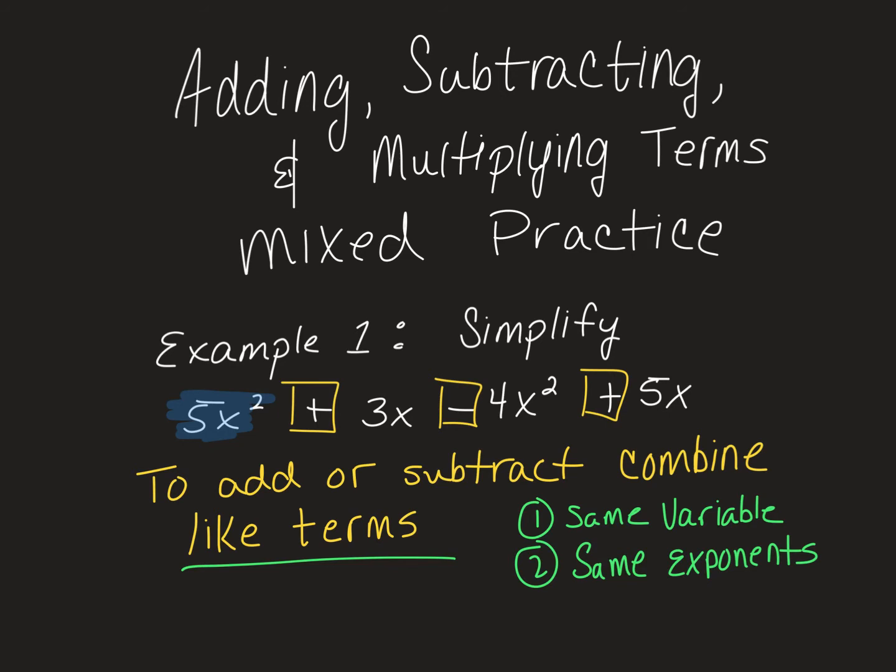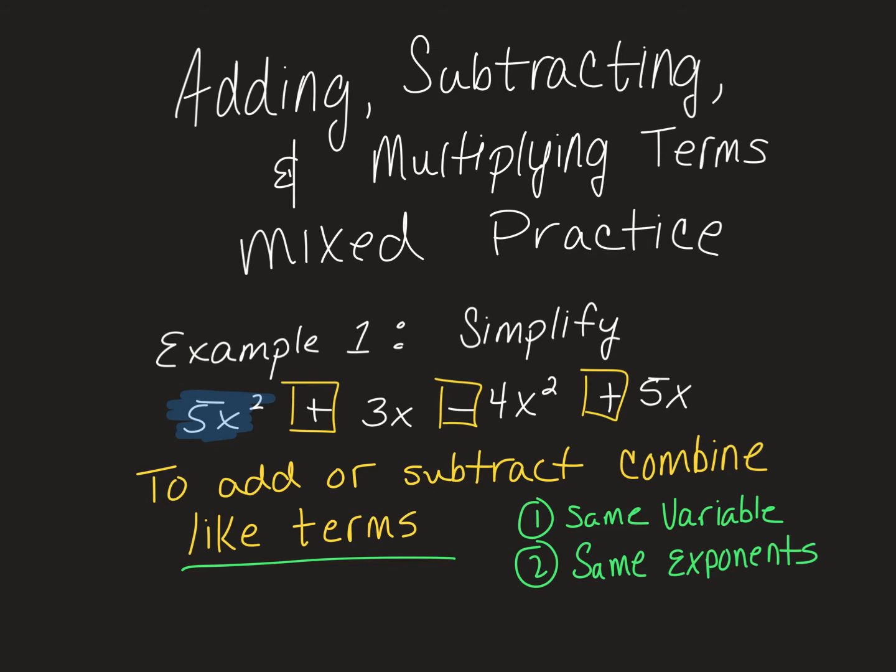Yes, they do have the same variable, but they don't have the same exponent. 5x to the second has an exponent of 2, but 3x does not. Remember, technically, if there's no exponent, that means the exponent is a 1. Which means it's not a like term with 5x squared because it doesn't have an exponent of 2.